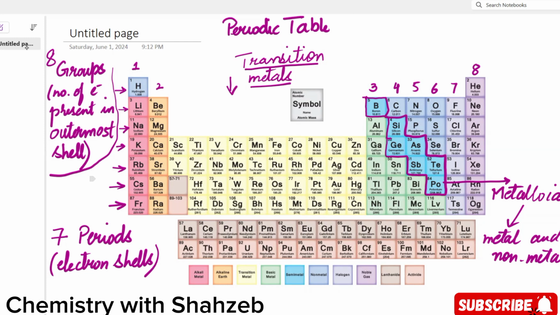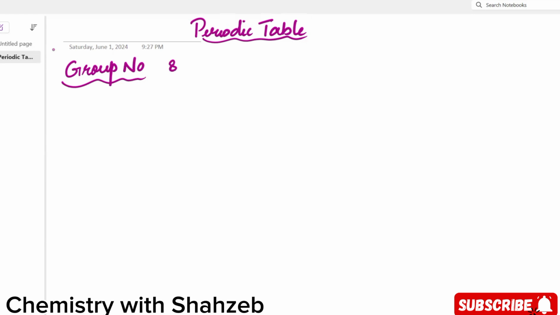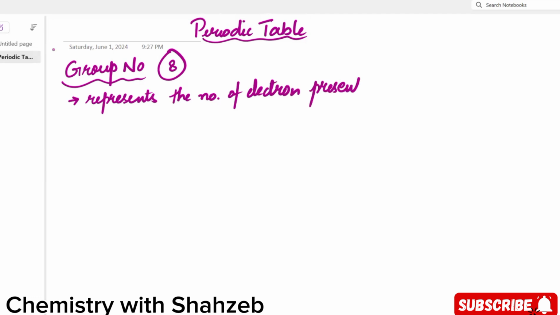So let's discuss the periodic table in more detail. First of all, we have learned that there are 8 groups, and the group number represents the number of electrons present in the outermost shell.